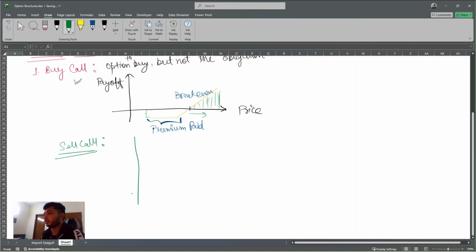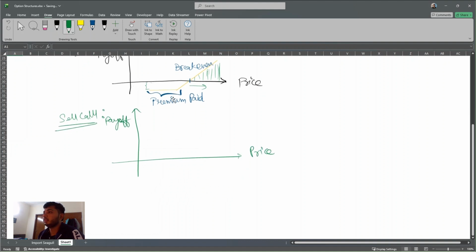So this is again going to be a graph, the payoff matrix, and this is the price. It will be the vertical image, just the vertical image.